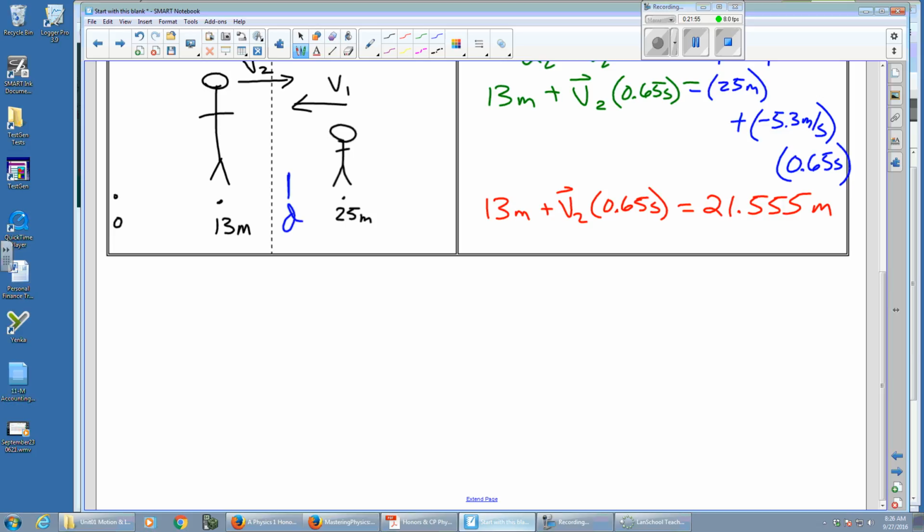And then I end up with my V2 is 13.2, and it's a velocity, so it's meters per second.